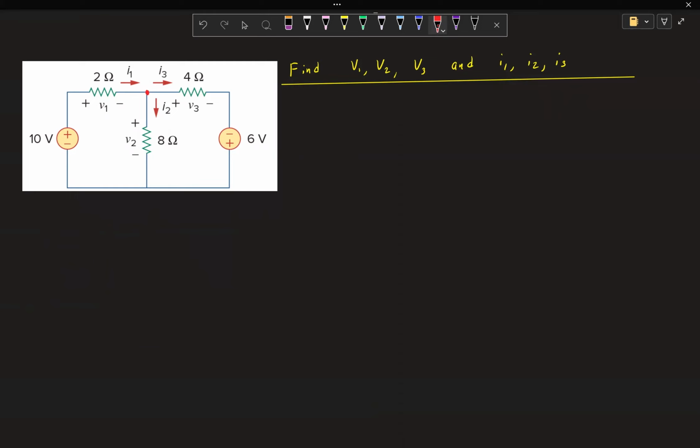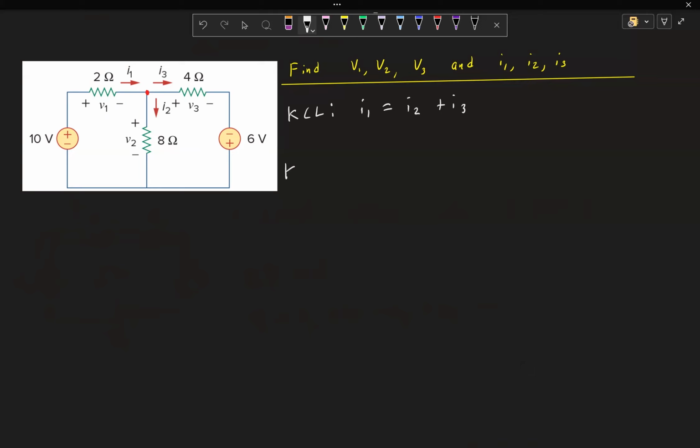So I'm looking at this top node right here, and we're trying to find V1, V2, V3, and I1, I2, I3. If we apply KCL, we'll have sum of currents going in equals sum of currents going out. So we have an I1 going in equals an I2 plus an I3. And that's all you can do for KCL.